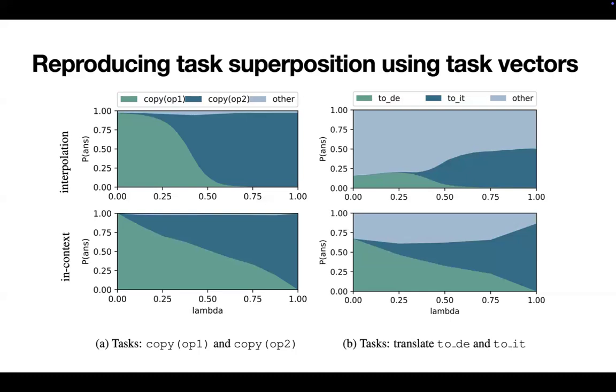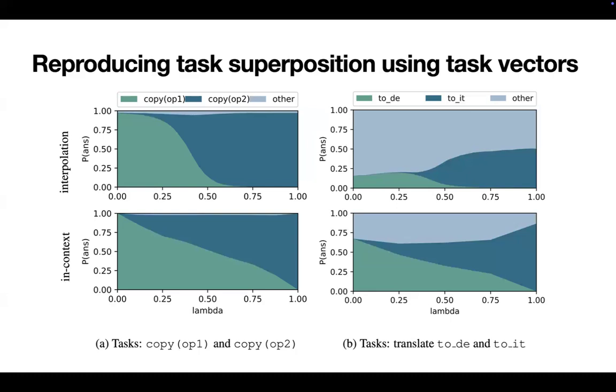So the first reason is that averaging those task vectors probably causes some noise. And the second thing is that we only use the task vector to simulate the context. I think that's still a little bit different from having a complete context.